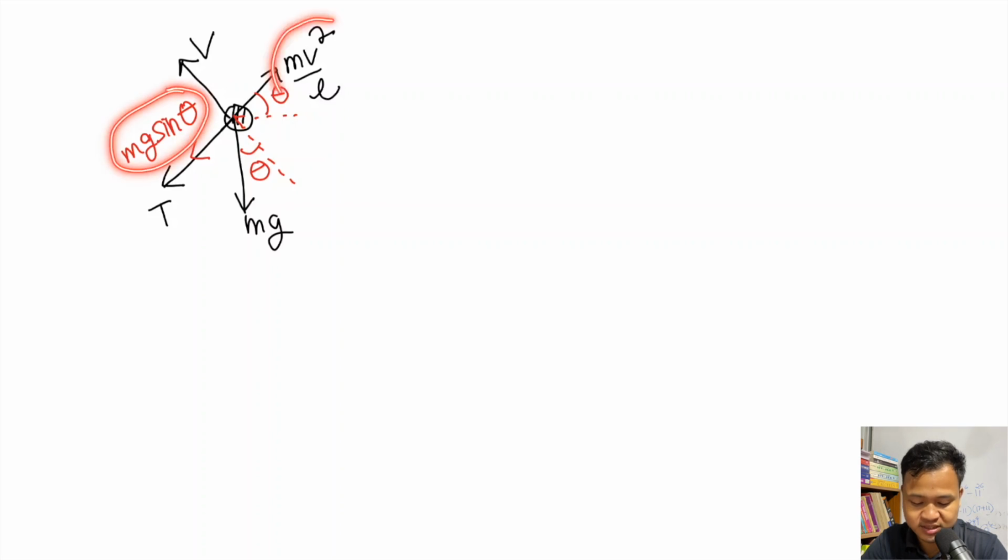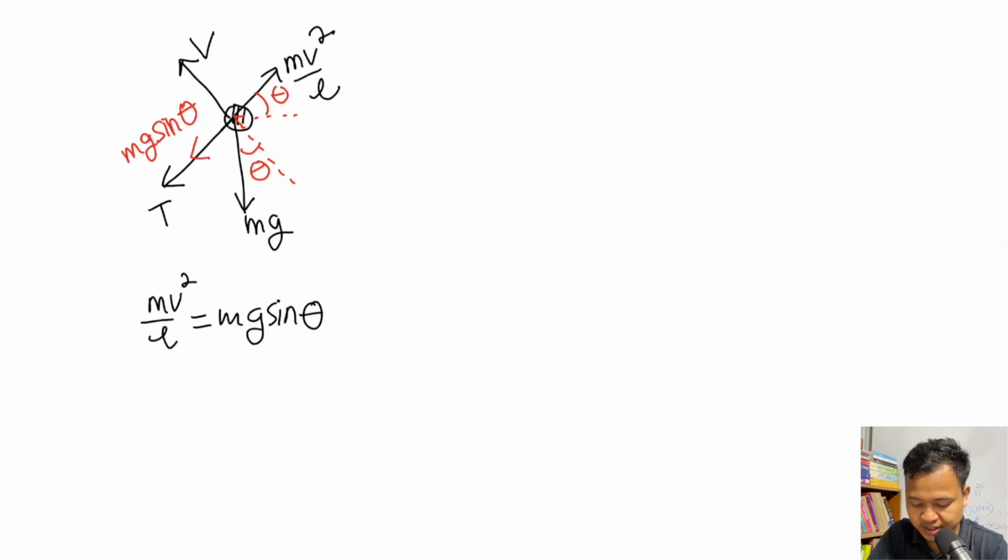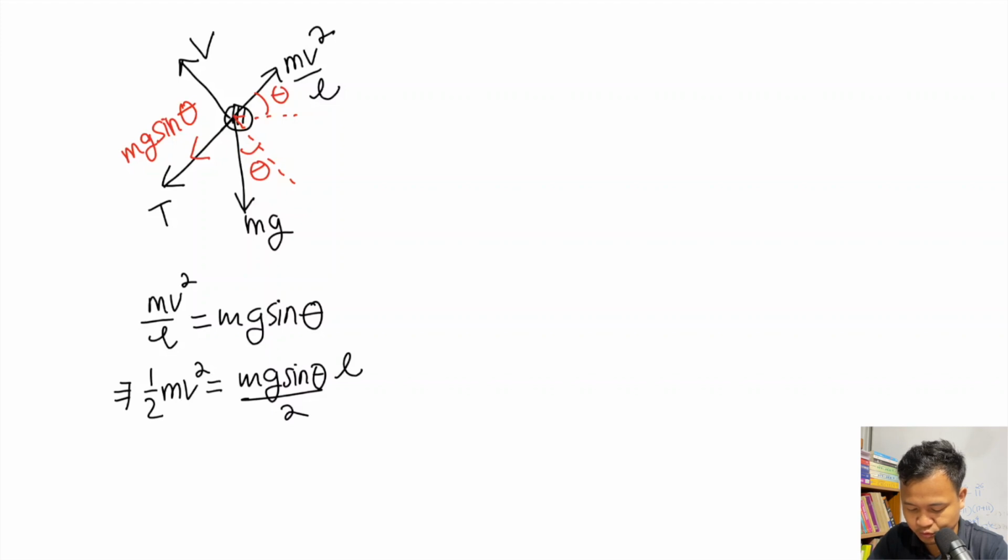So that means m g sine theta should equal m v squared by L. Therefore m v squared by L equals m g sine theta. Here you multiply by L on both sides and divide by 2. So half m v squared equals m g sine theta into L divided by 2.